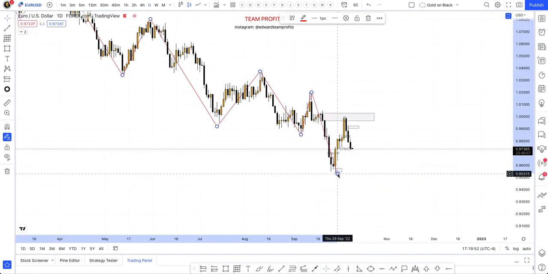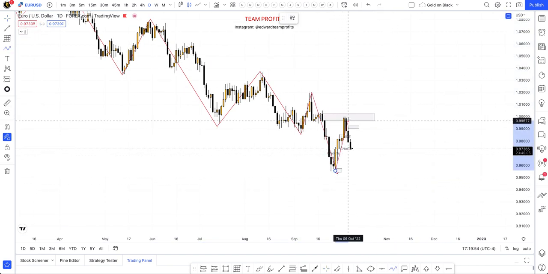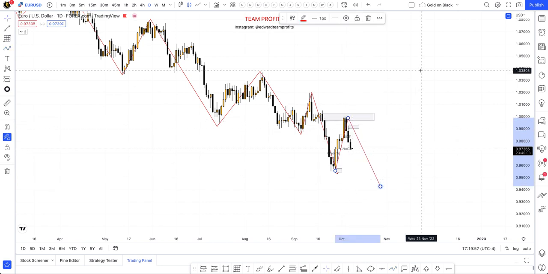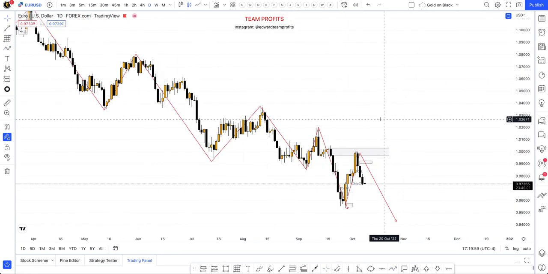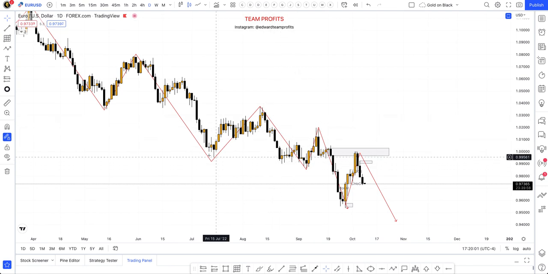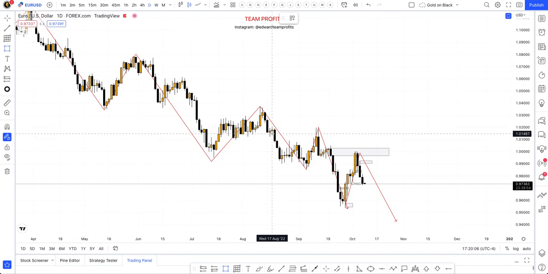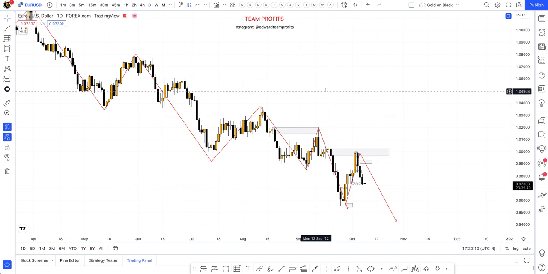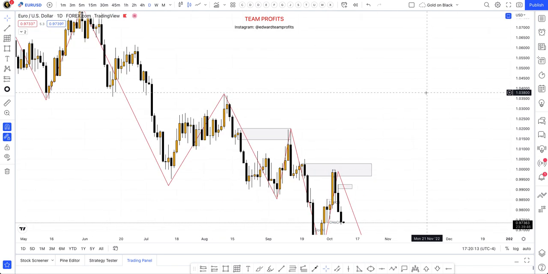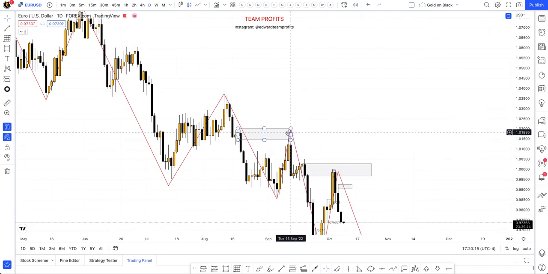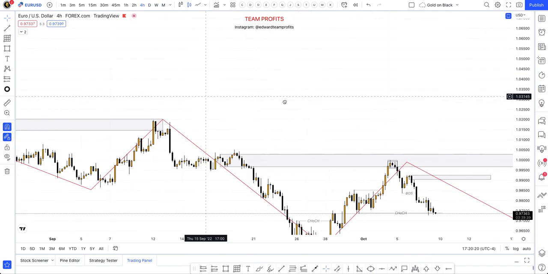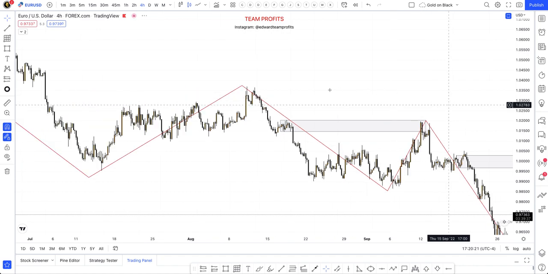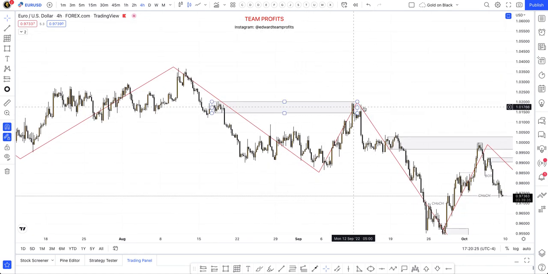Pull back, drop, and even here pull back, and now continuation. So this pull back, there is an order block. After the price broke this previous low, look at where the market reacted. On the daily, it did touch this daily order block right here. Pull back, activated the order block, and then drop. This is the zone.